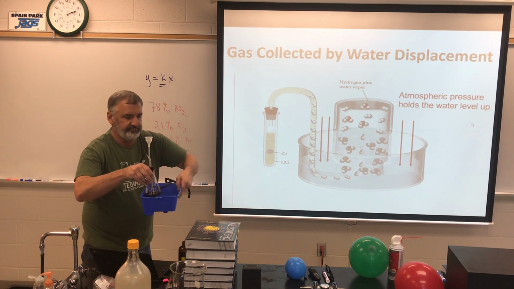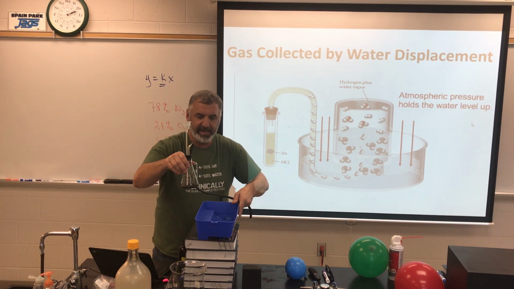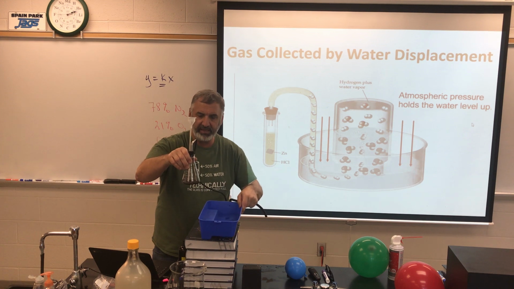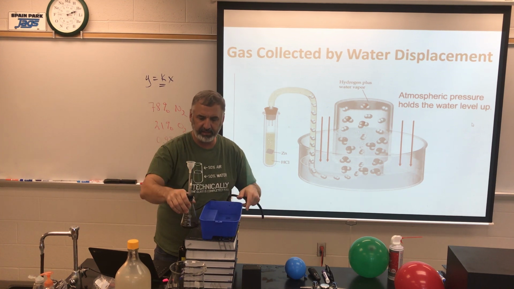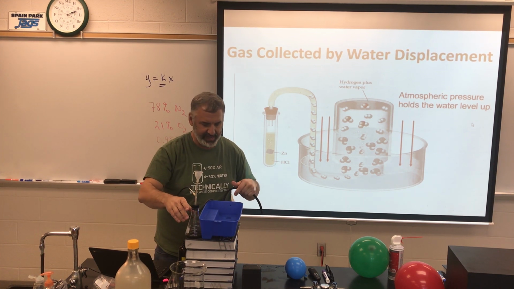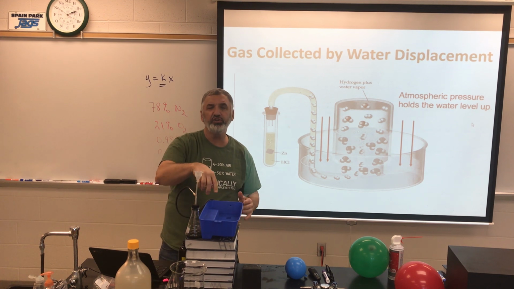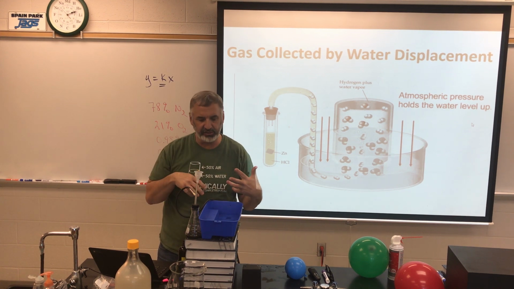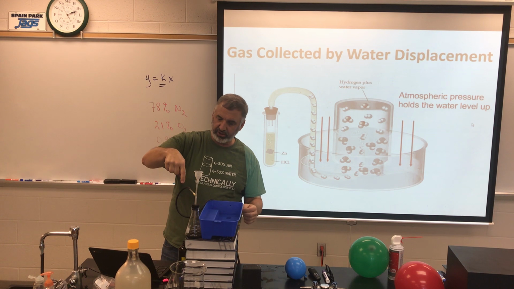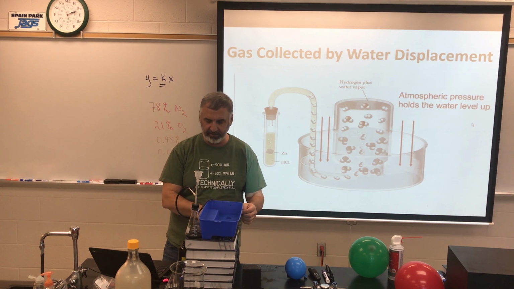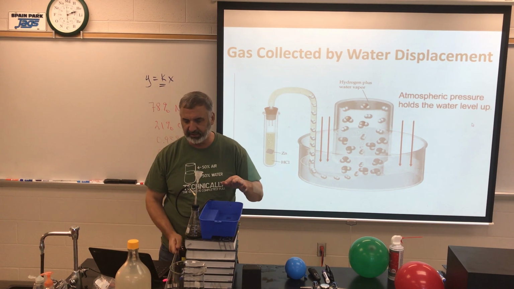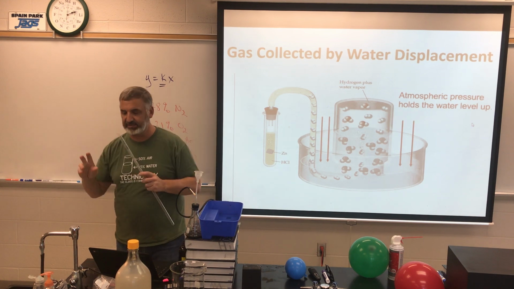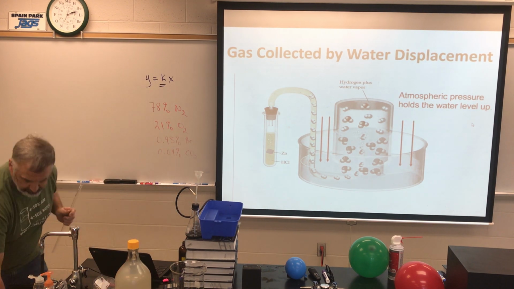I have some manganese dioxide in this flask, okay? Manganese dioxide will act like a catalyst. This is called a pneumatic trough or a gas collecting trough. It's got a hole where this tube goes into a hole in here, okay? And there's some water in here. And this is called a gas collecting tube, okay?